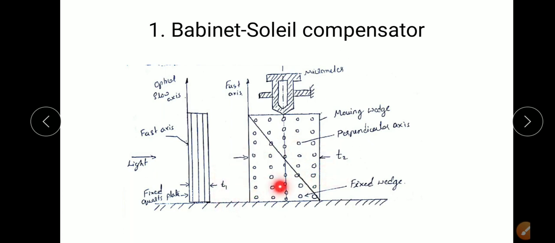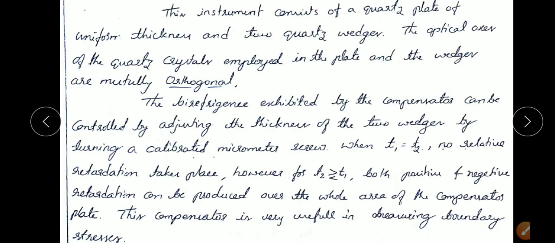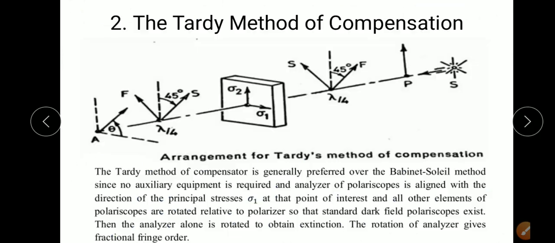Like that you arrange the quartz plates. I am showing an exaggerated view; in the actual polariscope it is an auxiliary device which is mounted, and it is much smaller in size. This is all about the Babinet-Soleil compensator.